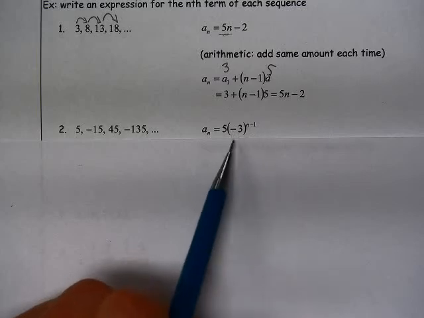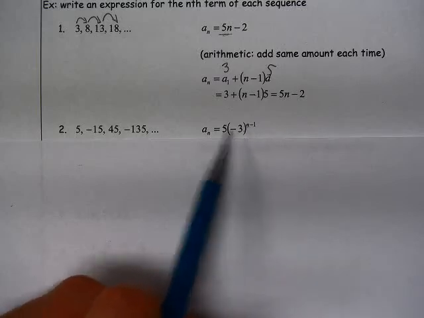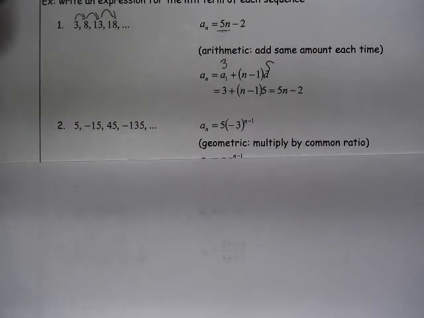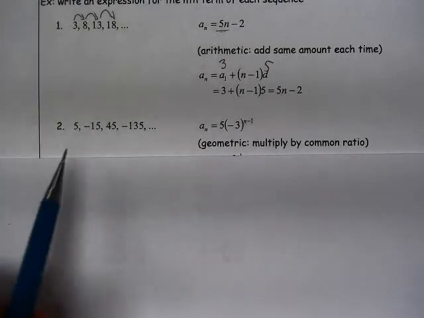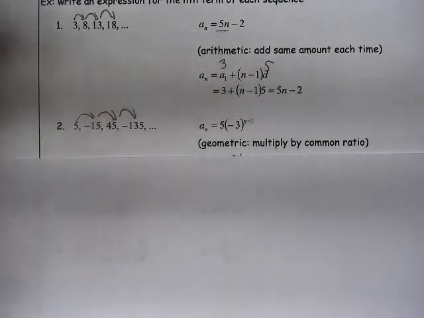That's going to be positive. If we have -3 to the third, so if it's 4 minus 1 here, then we're going to get a negative, and that's going to alternate the terms for us. Right? This is a geometric sequence. We multiply by a common ratio every time. So each time we multiply by a -3, -3, -3.